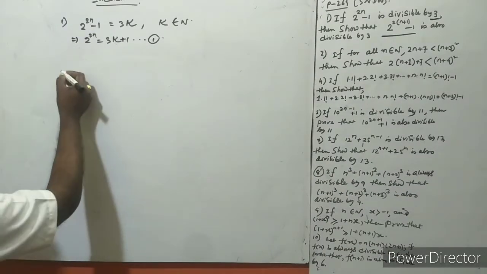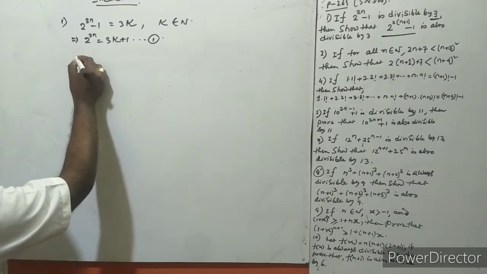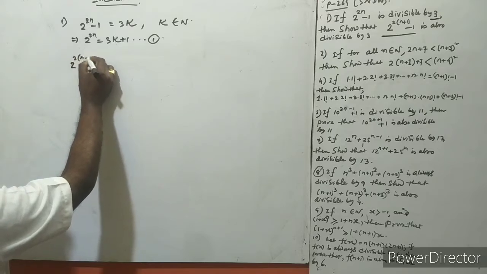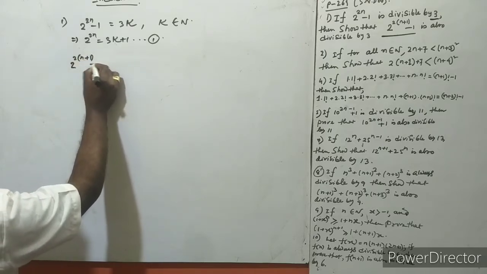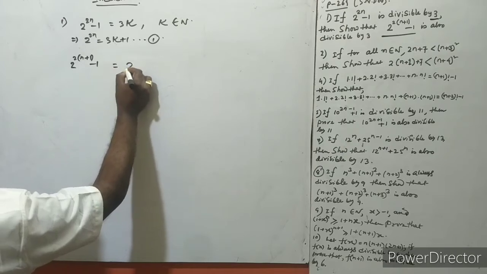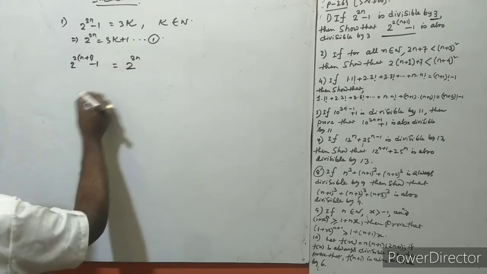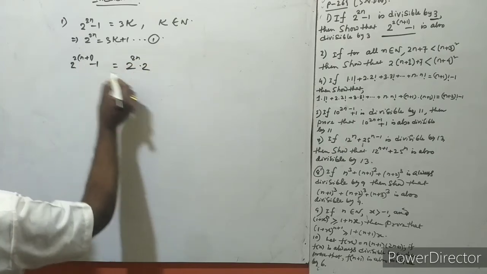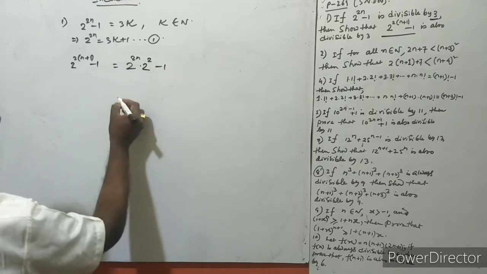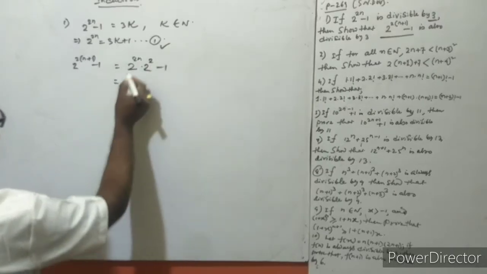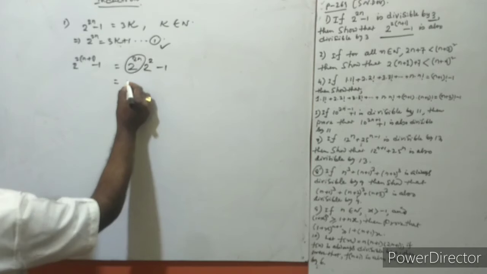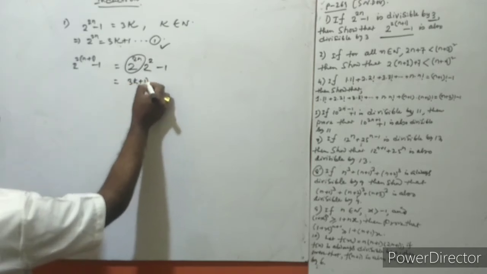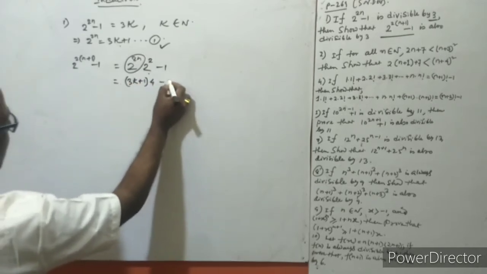So let us take the figure 2 to the power 2 into n plus 1, minus 1, and that is equal to 2 to the power 2n into 2 to the power 2, minus 1. From 1 we can substitute the figure 3k plus 1 into 4, minus 1.